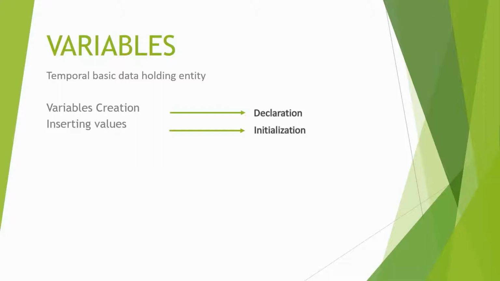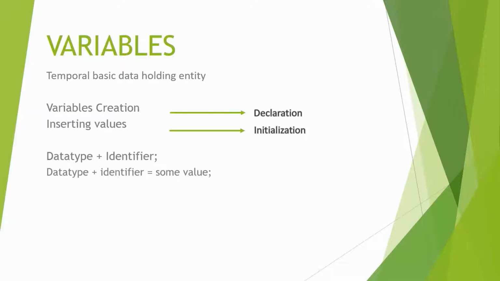So the overall general formula for creating variables in a Java program is this. You have to use the data type and the identifier. To create a variable in Java and add a value to it, you use the second formula: data type, plus the identifier, equals some value.